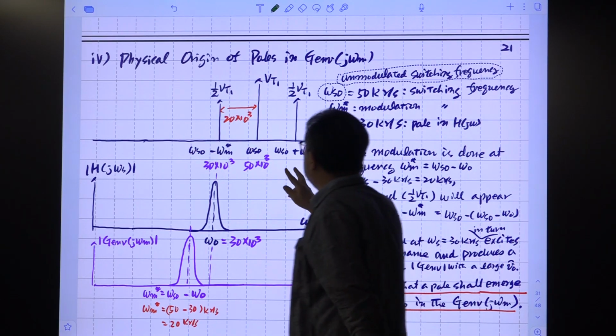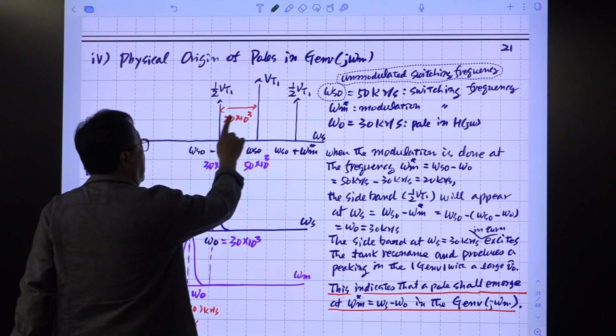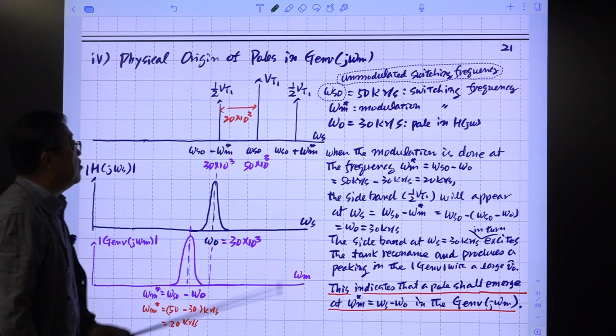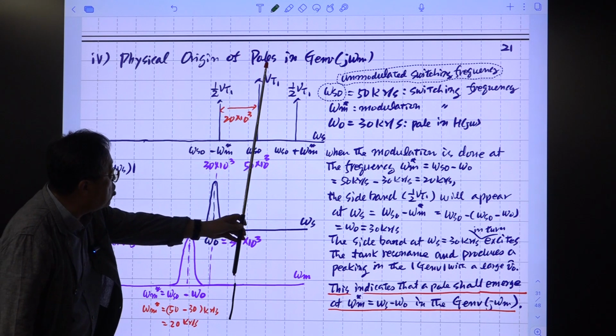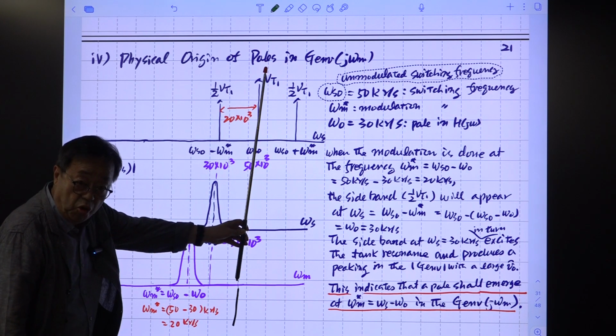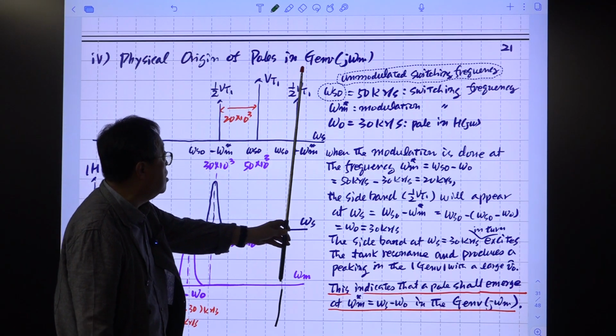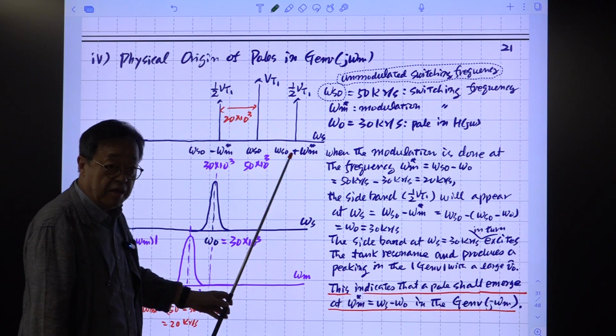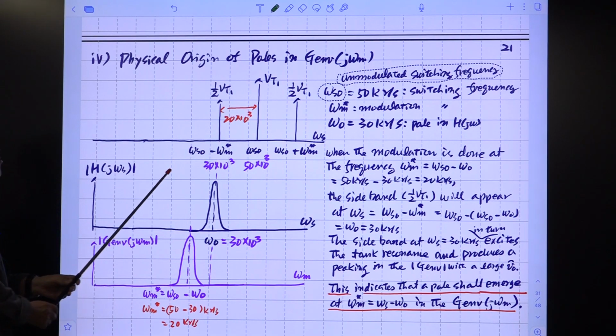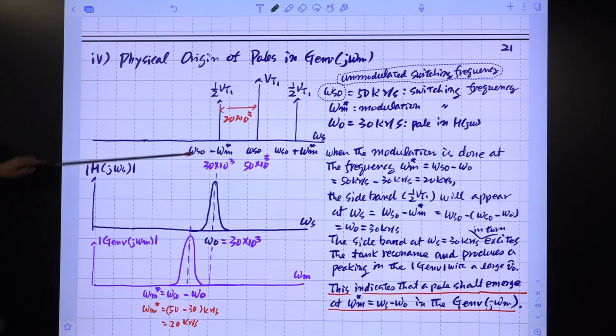So we have three components: one here, this one, and this one. This one is the unmodulated switching frequency, this one is the unmodulated switching frequency plus the modulation frequency, and this one is the unmodulated frequency minus the modulation frequency. All right?